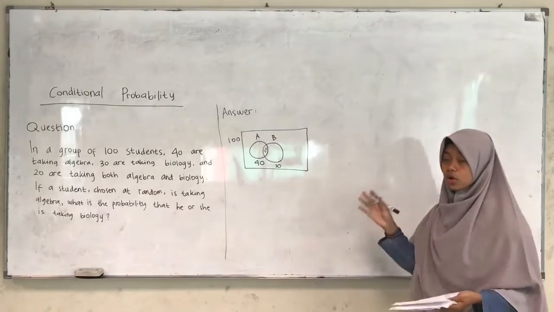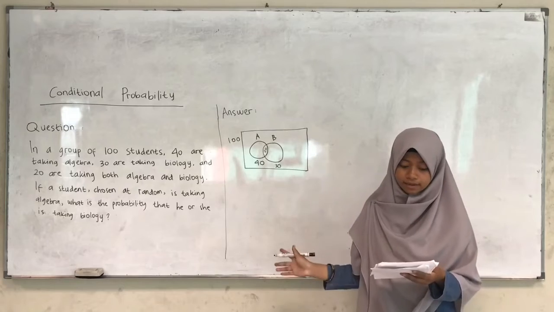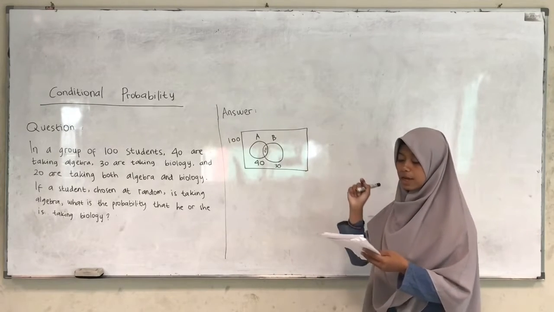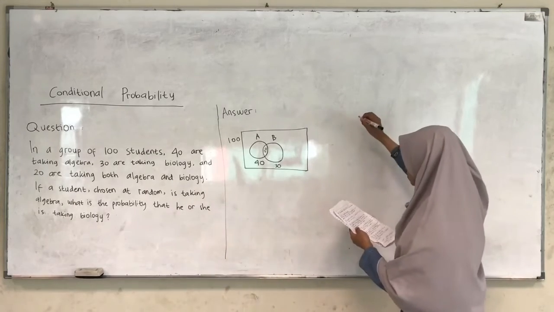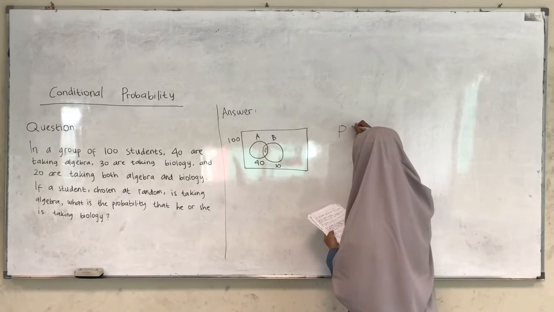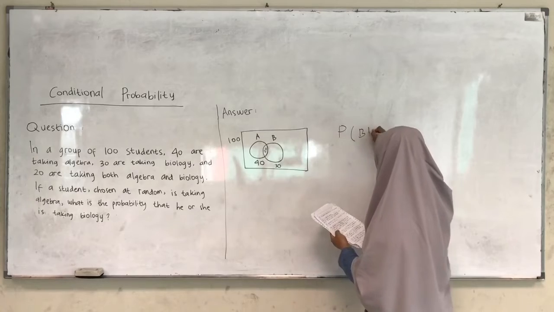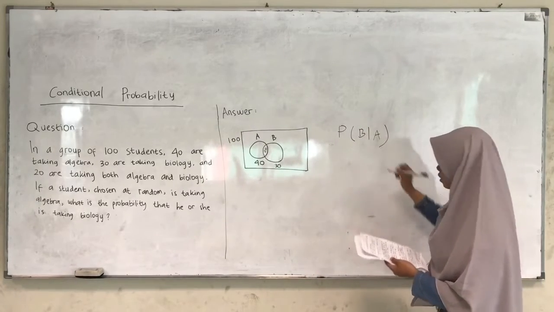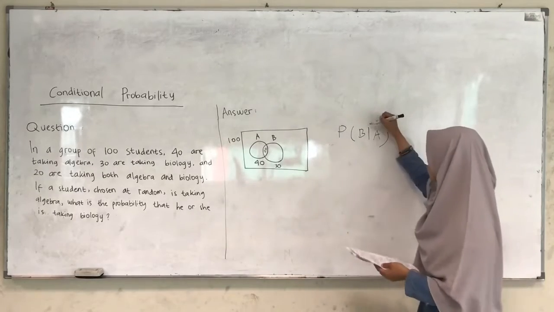Okay, so this is conditional probability. We are going to write the probability of B given A. Let me explain this notation.